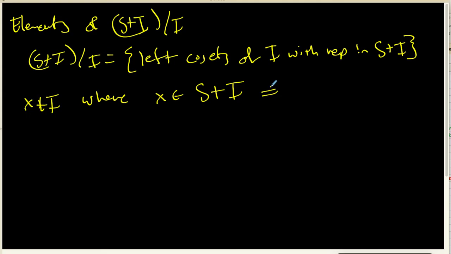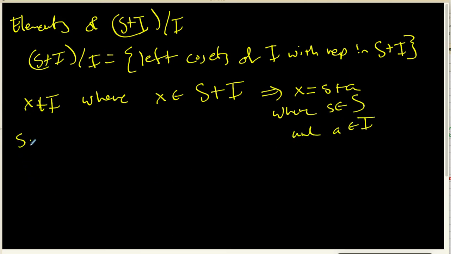But that tells me that x itself is equal to some little s plus some little a, where s belongs to S and a belongs to I. So what does that tell me? That tells me our typical element x plus I is actually going to look like s plus a plus I. And I know how to deal with that kind of coset representative.